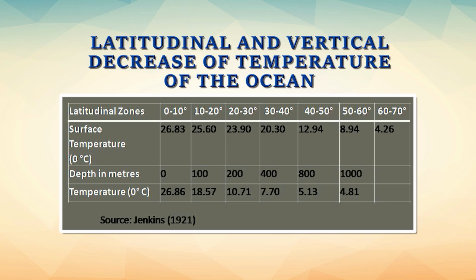So you see it is decreasing up to 1000 meters, from 18.57 to 4.81, and beyond that we don't have data, but still in the previous table also we have seen that after 1000 meters the decrease is not so much.